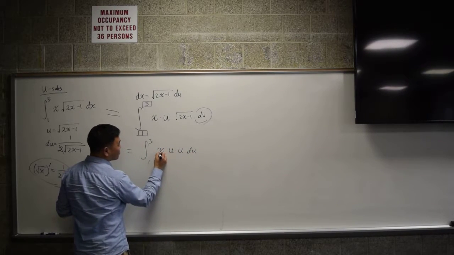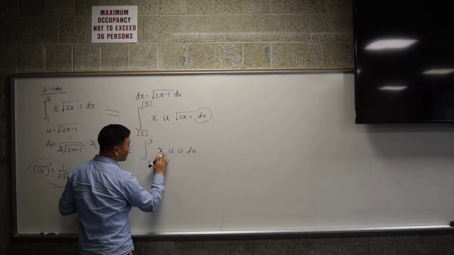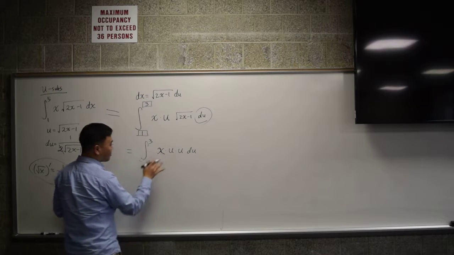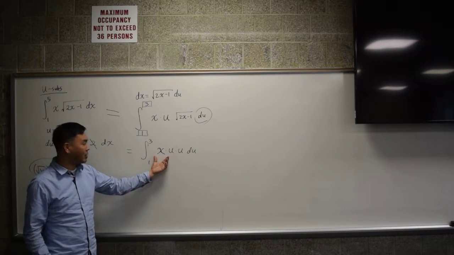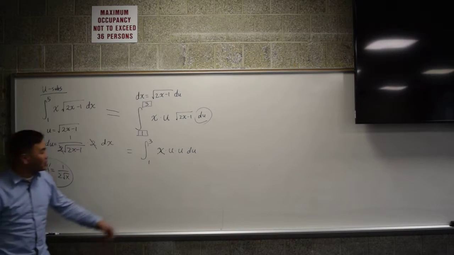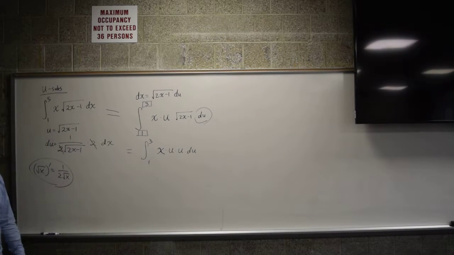But then this x, what do we do with this x? For some of you, I think this is the first time you see such a thing. What do you do if you still have an x there and it didn't go away? Yes? I thought u sub was like the u times v minus the integral. No, that's called integration by parts.